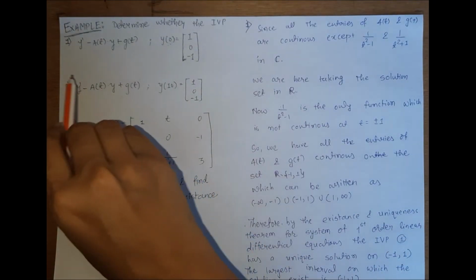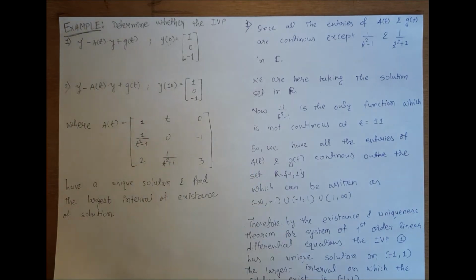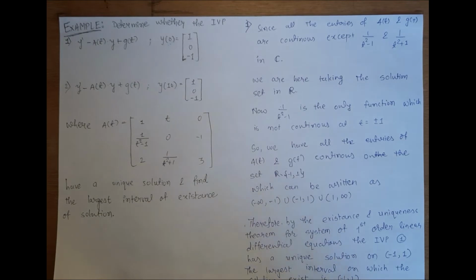So for initial value problem 1, the interval of solution is open interval minus 1 to 1, and for the second initial value problem we get the solution in open interval plus 1 to positive infinity. So now we will discuss one more example.